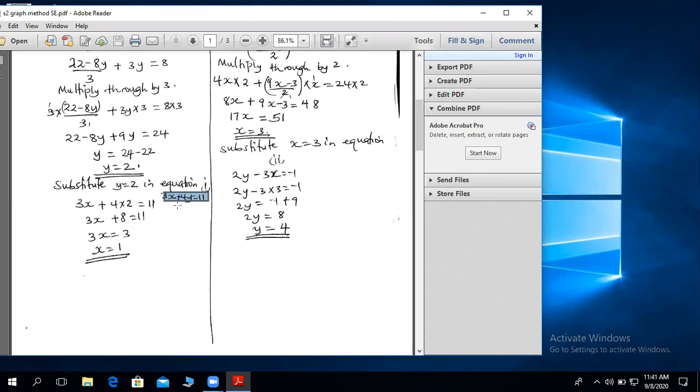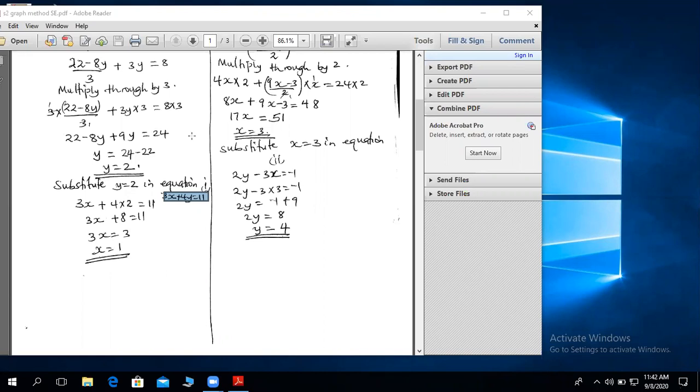And this one will be 4 times 2, which is 8. And when 8 crosses equal signs, it becomes a minus. 11 minus 8 is 3, and I divide by 3 to get 1.